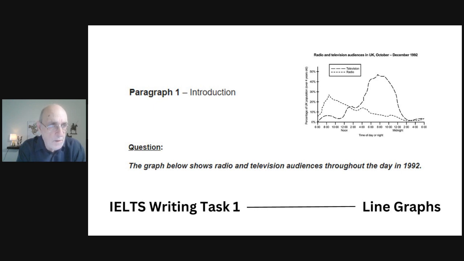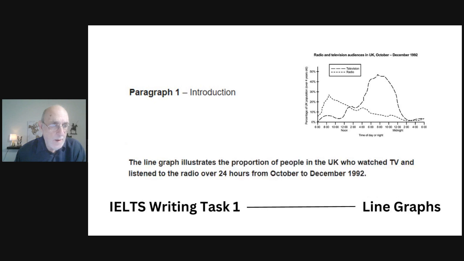So all we want to do is rewrite this question in our own words. We want to paraphrase. We want to use synonyms. And in doing this, just by paraphrasing or rewriting the question in our own words, we'll have our introduction. And it may end up looking something like this.